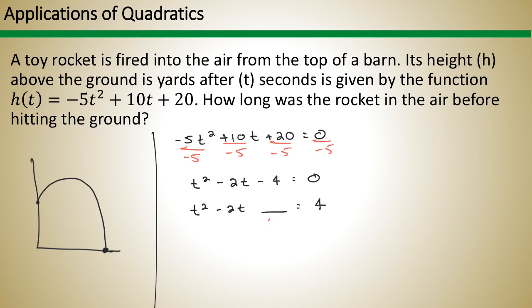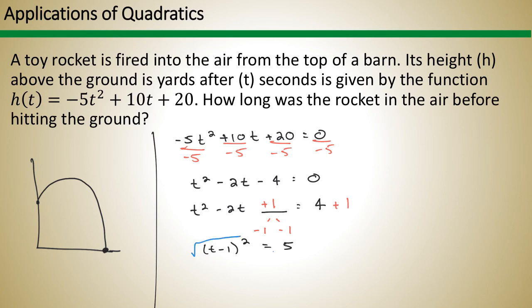Okay, so if I break negative 2 in half, I've got negative 1 and negative 1. If I square that, it's going to be a positive 1, and we're going to add that to the other side. So my factors are going to be t minus 1 squared, and that's equal to 5. And then we just take the square root.